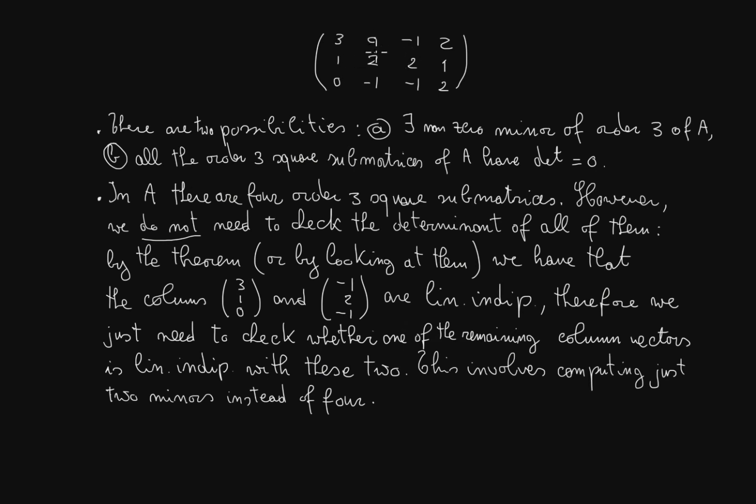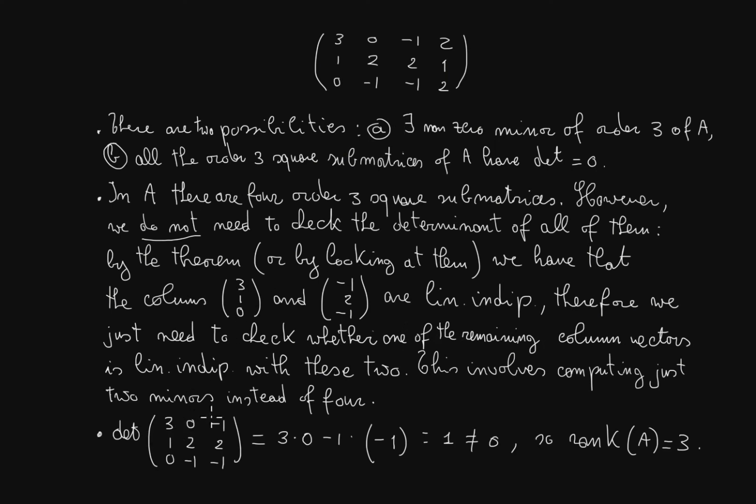Otherwise, if both the second and the fourth column vectors are linear combinations of the first and the third vector, then the rank of the matrix will be 2.